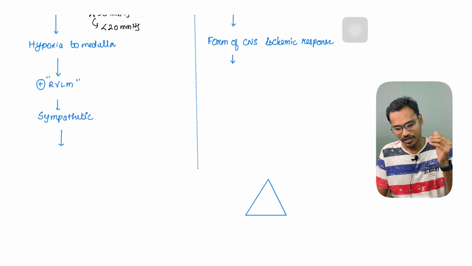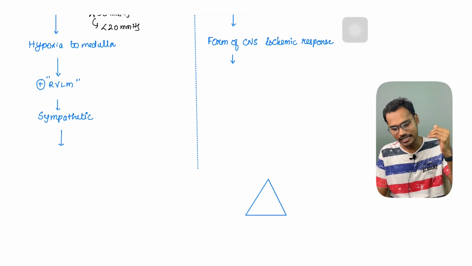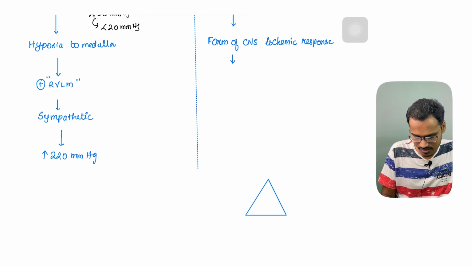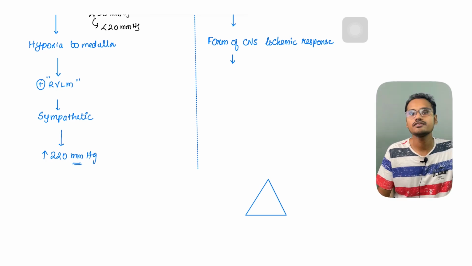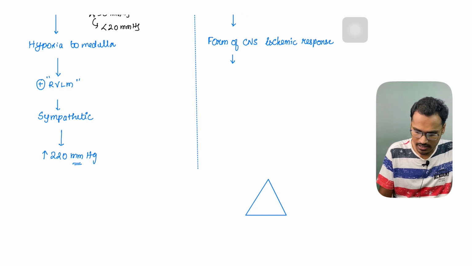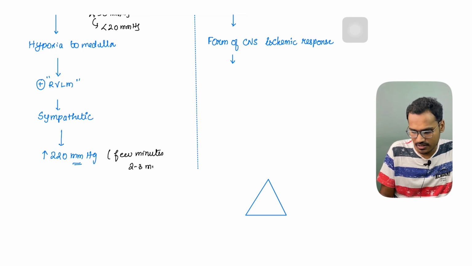If you cannot guess the levels of BP rise, it can increase from 20 up to the levels of 220 mm of Hg also. It is such a powerful system, but the only disadvantage is this increase in BP is going to last for a few minutes, just 2 to 3 minutes we can say.